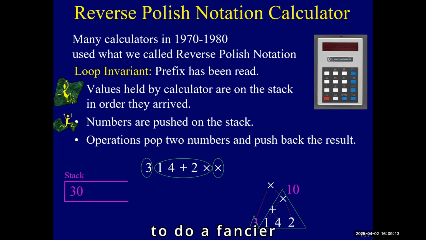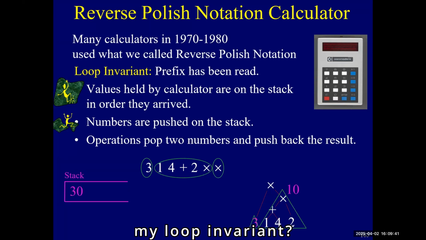If I were going to do a fancier parsing thing, like if I was going to have brackets and do it in normal ordering, I would need to do it with recursion and with a fancier algorithm than we're covering here. But this guy works, and I call this an iterative algorithm, right?